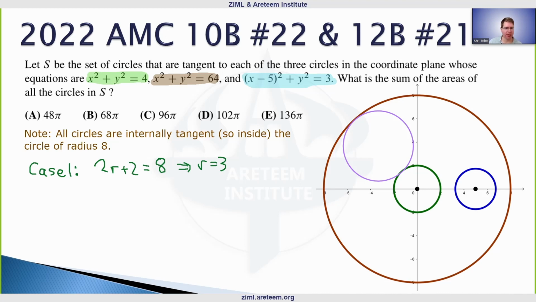The area here is equal to pi r squared, so pi 3 squared equals 9 pi. You could do this a little more formally with some equations, but I think it's easiest if we look at this visually on the picture.